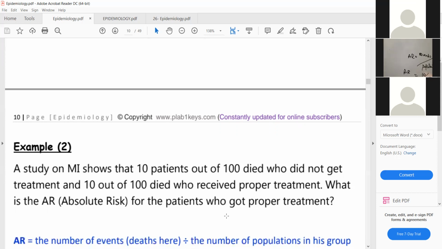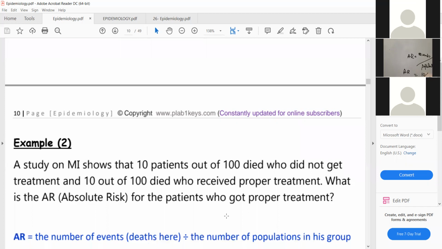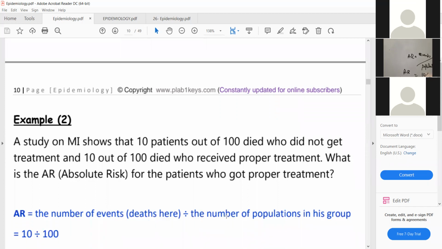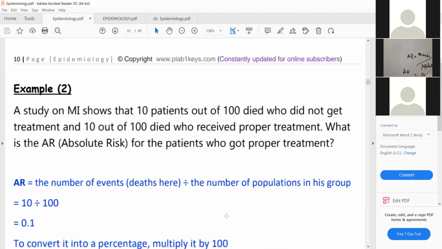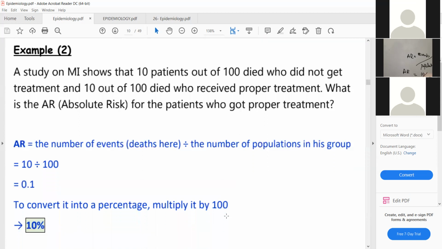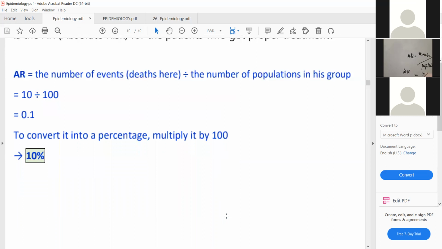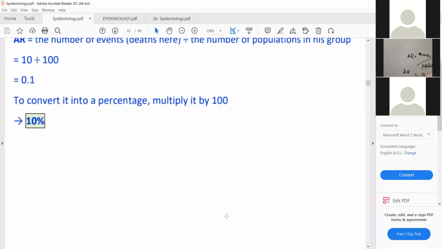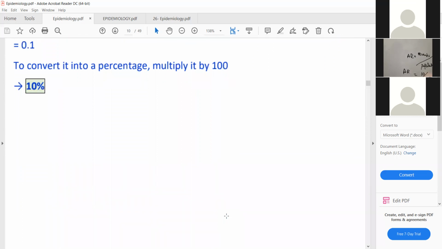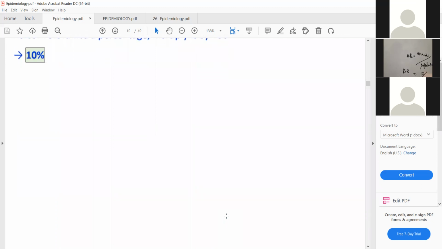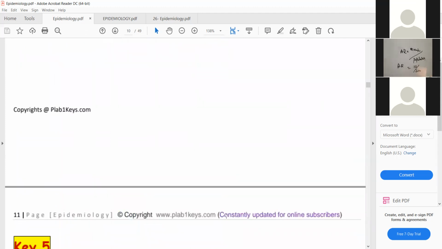Yes, that's right. 10 over 100 because 10 is the number of events in the population who received proper treatment. So 10 over 100 is 0.1. And to convert 0.1 into percentage, we multiply it by 100. It's 10%.